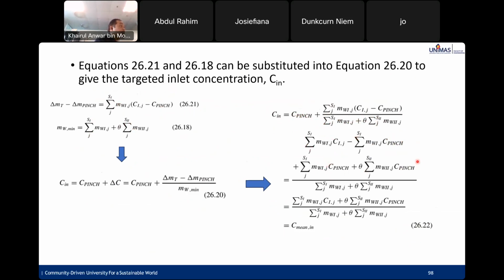over the denominator here. So at the end, C in is equal to C mean in.